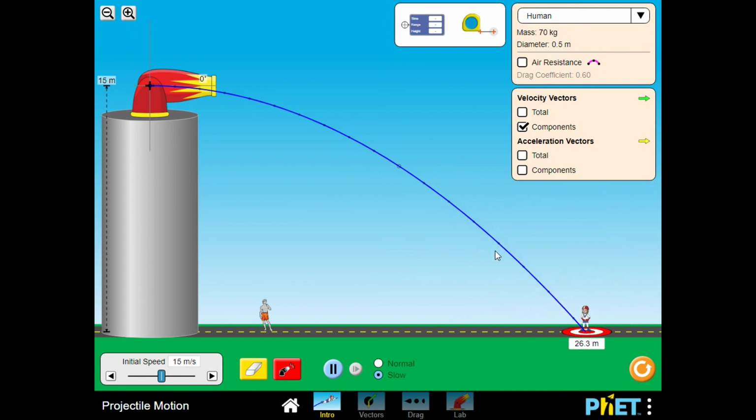Squaring and adding them gives the total velocity. This is all about horizontal projection.